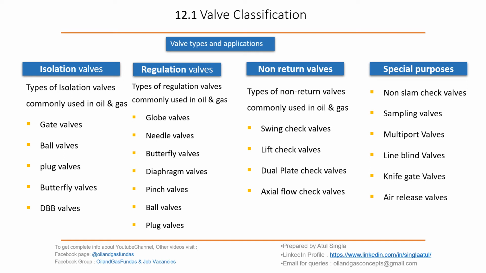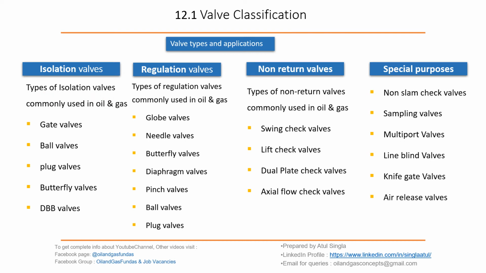If you list out all the types of valves, we can classify all the valves based on application into four categories: isolation valves, regulation valves, non-return valves, and special purpose valves. In isolation, we are isolating the flow.